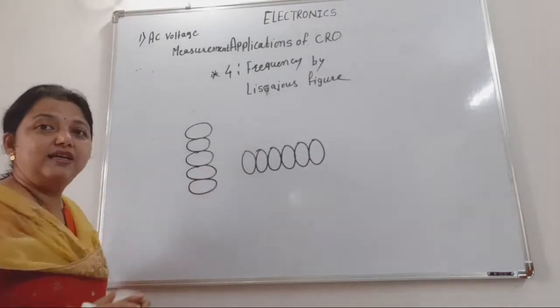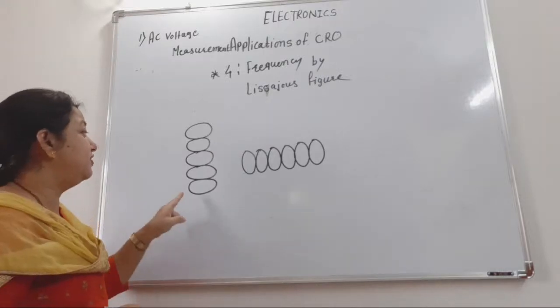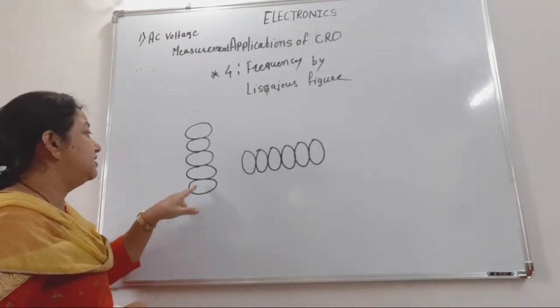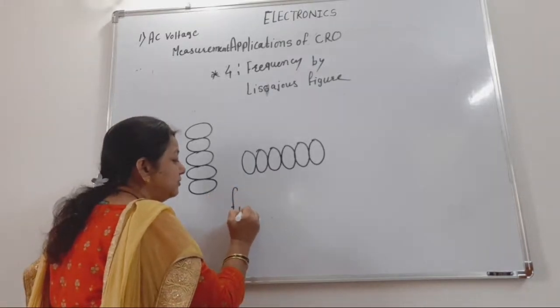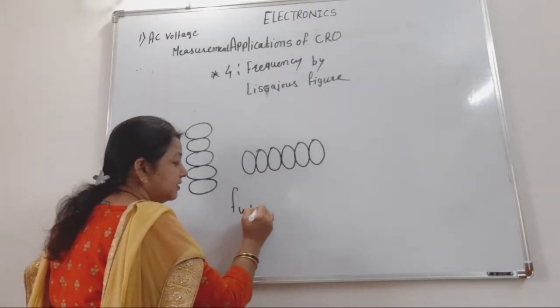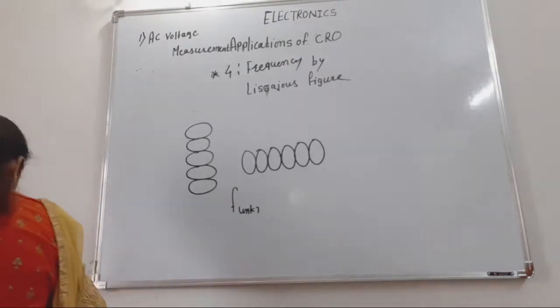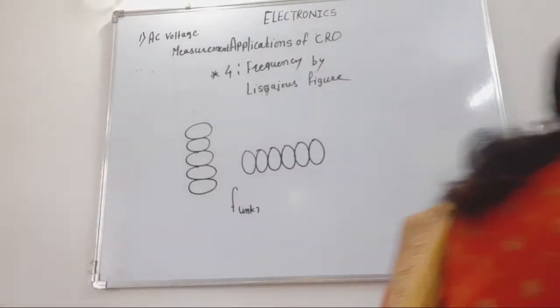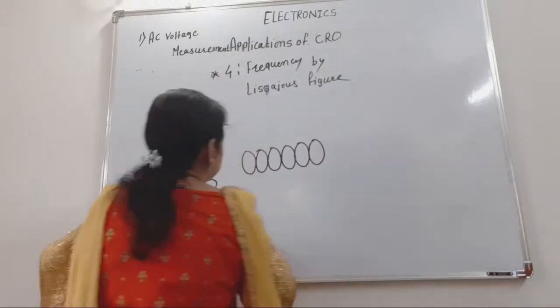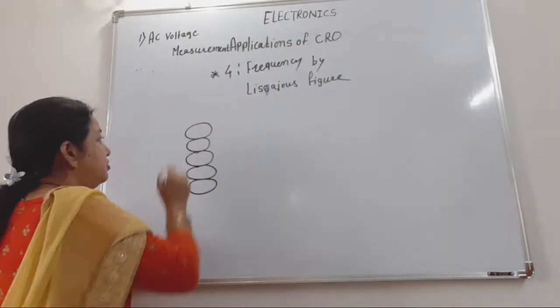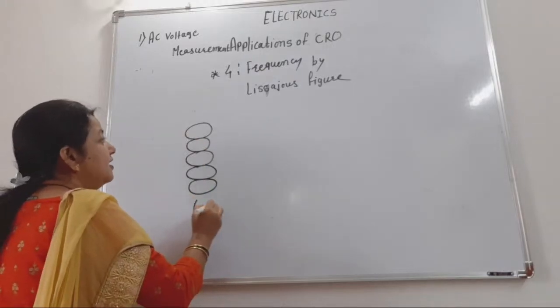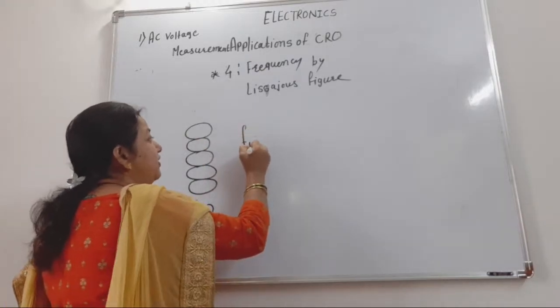Now for that, the formula, how do you calculate? If you get a figure like this on your CRO screen, at that time how do you calculate F unknown? Suppose for this figure A, we try to calculate the unknown frequency.